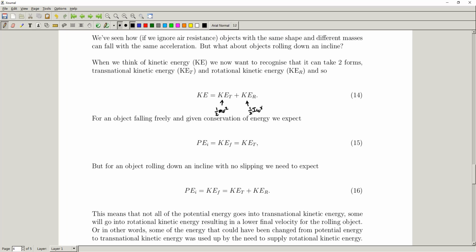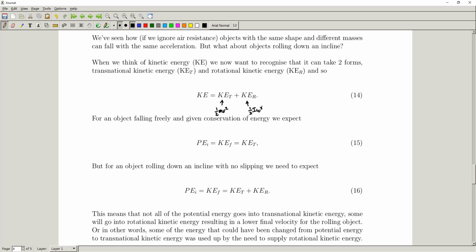They look similar. The mass is replaced by the moment of inertia, which is pretty standard for all of our situations where we go from linear to rotational, right? And our linear velocity is replaced with our angular velocity.